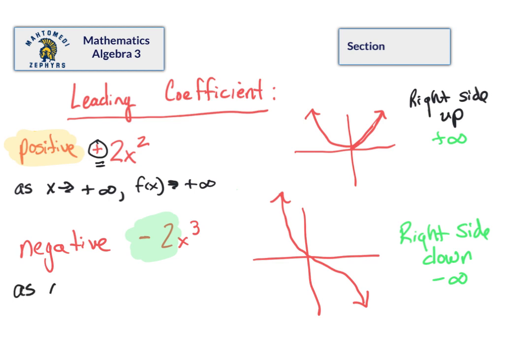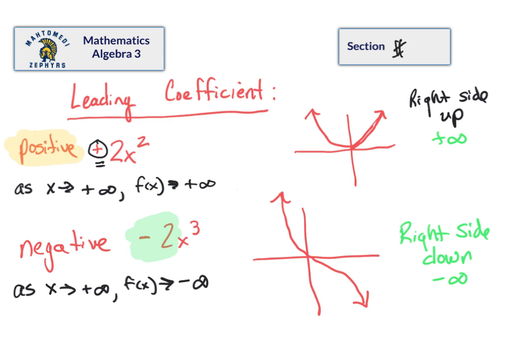So as x goes to positive infinity, now the function or the y values are going to negative infinity or down. Very important. And once you know what the right side is doing, you also know what the left side is doing, because the degree tells us it's either the same or opposite.